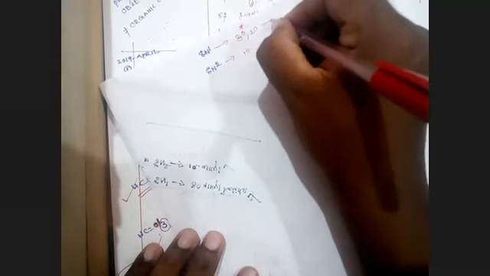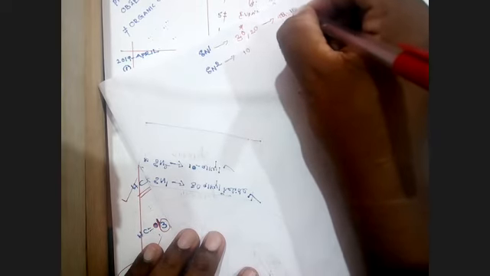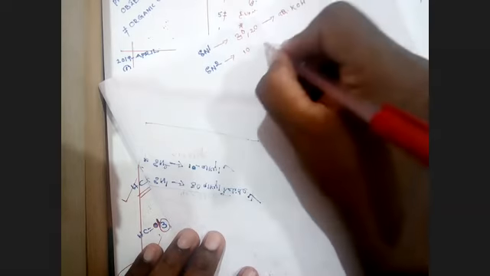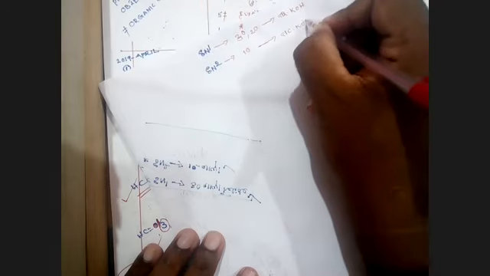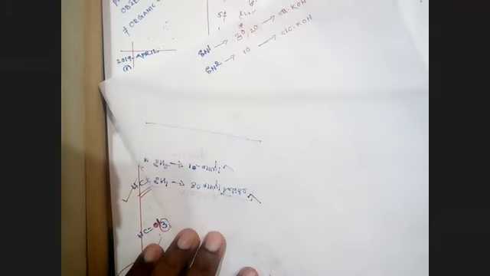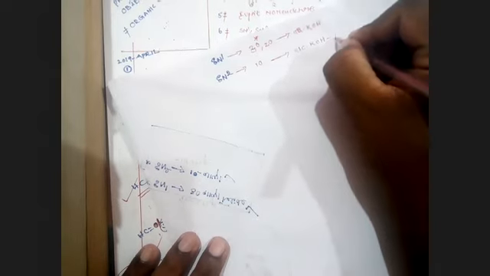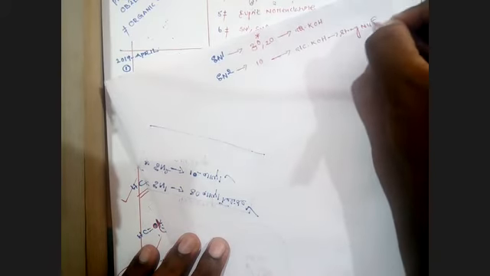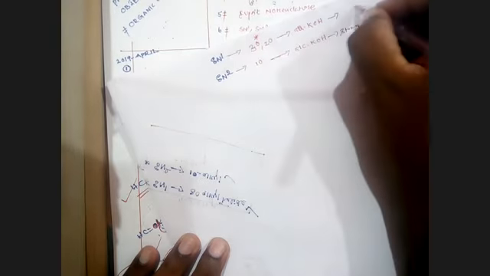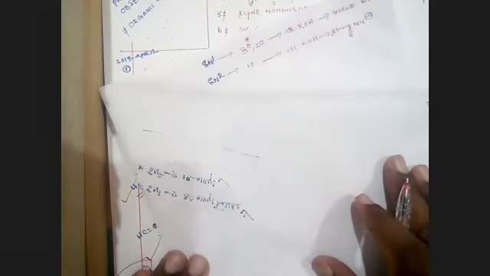SN1 is under aqueous base conditions, and SN2 is under alcoholic base conditions. In SN2 the base is a strong nucleophile, while SN1 involves a weak nucleophile. I'm repeating: strong nucleophile for SN2 and weak nucleophile for SN1.